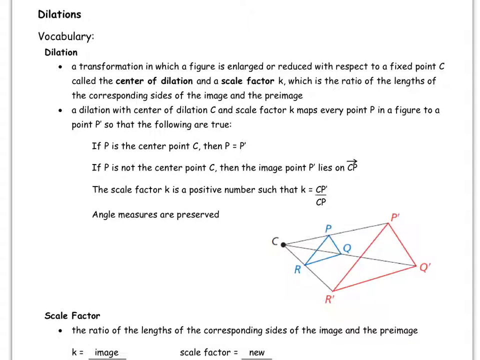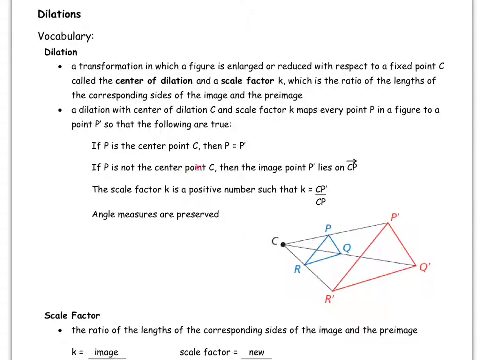of dilation, and a scale factor, K, which is the ratio of the lengths of the corresponding sides of the image and the preimage. A dilation with center of dilation C and the scale factor K maps every point P in a figure to a point P prime so that the following are true. If P is the center point C, then P is equal to P prime.